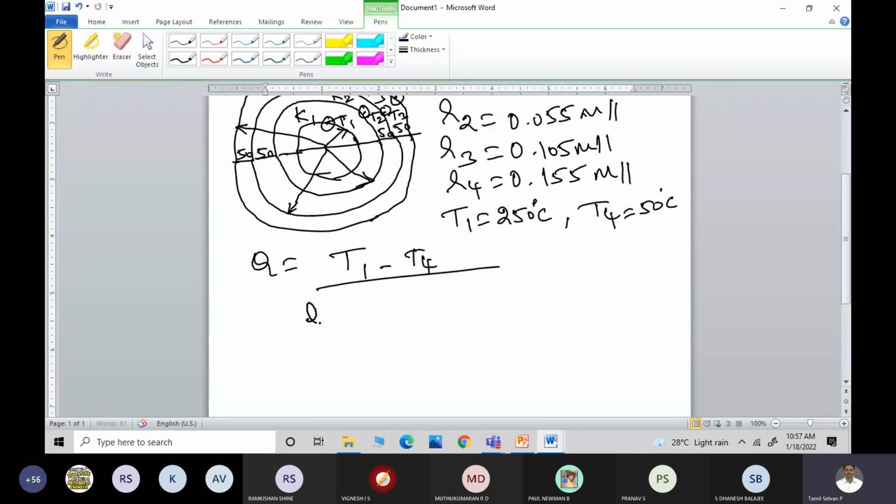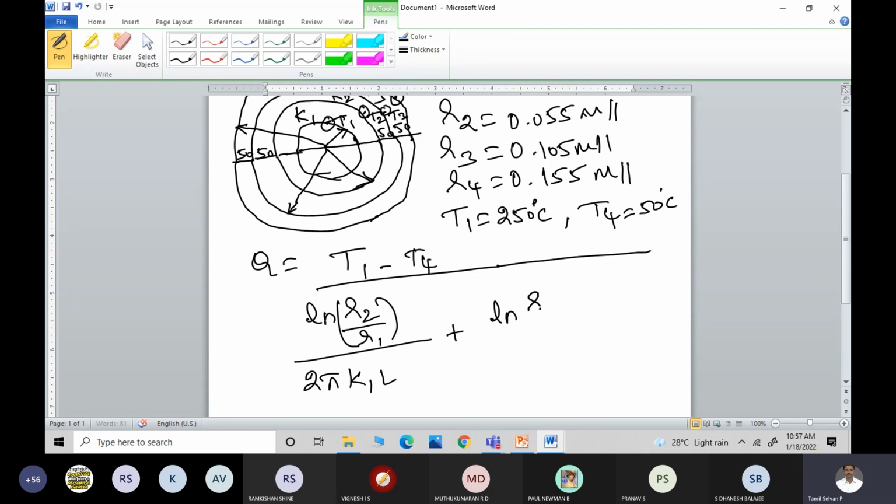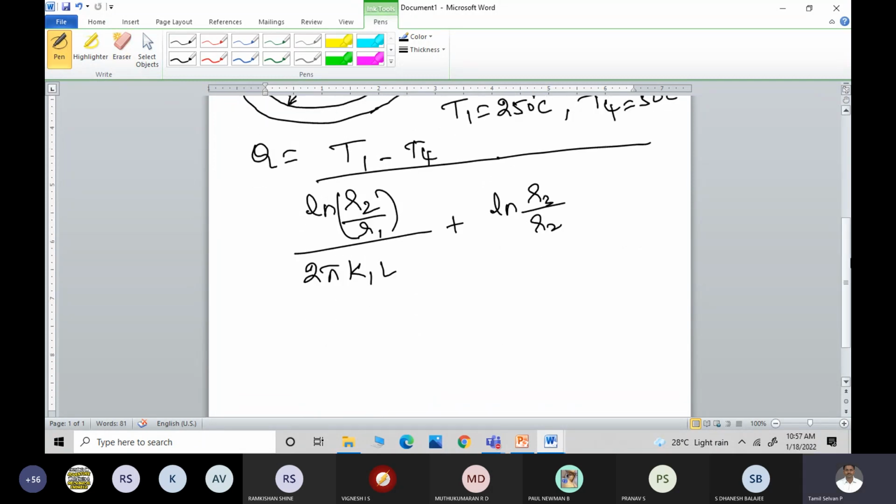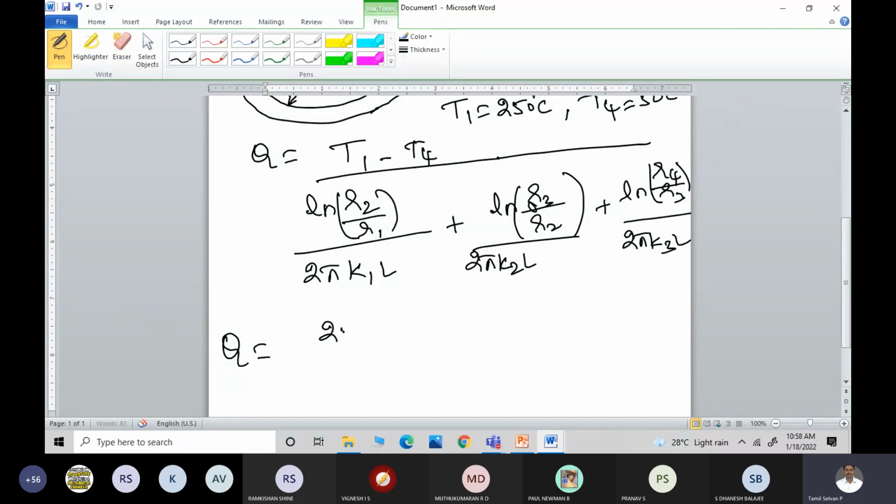So what happens here is natural log of R2 by R1 divided by 2 pi K1 L, plus natural log of R3 by R2 divided by 2 pi K2 L, plus natural log of R4 by R3 divided by 2 pi K3 L. Now the first case, Q is equal to 250 minus 50 divided by natural log of R2 by R1.